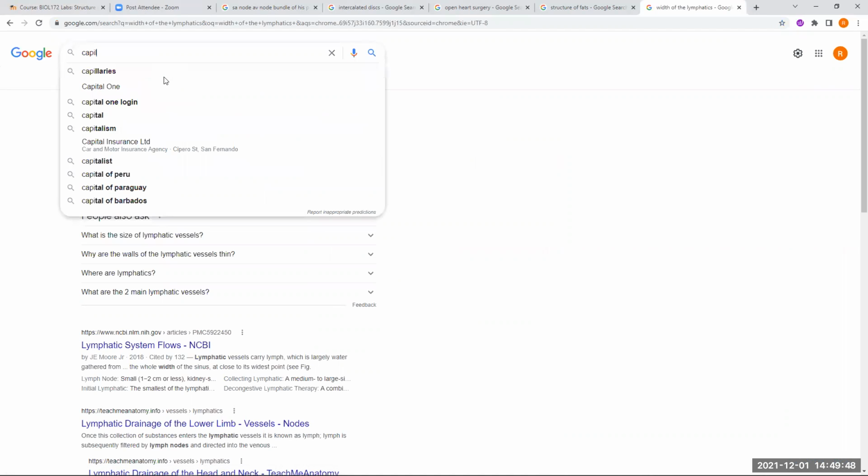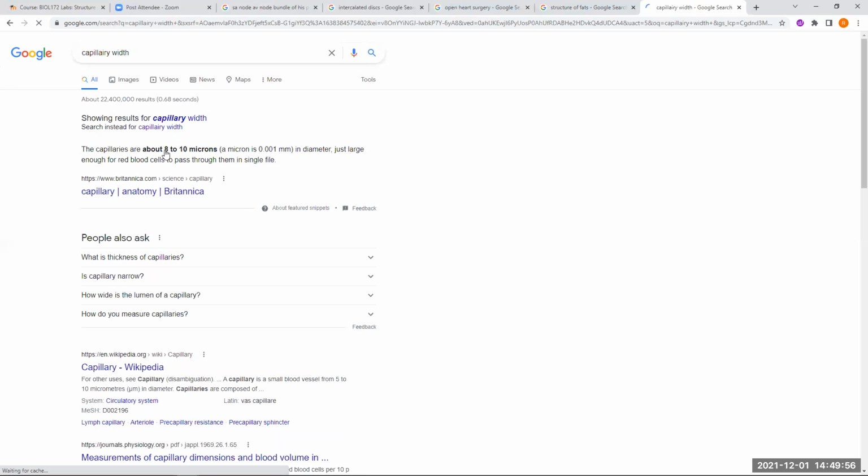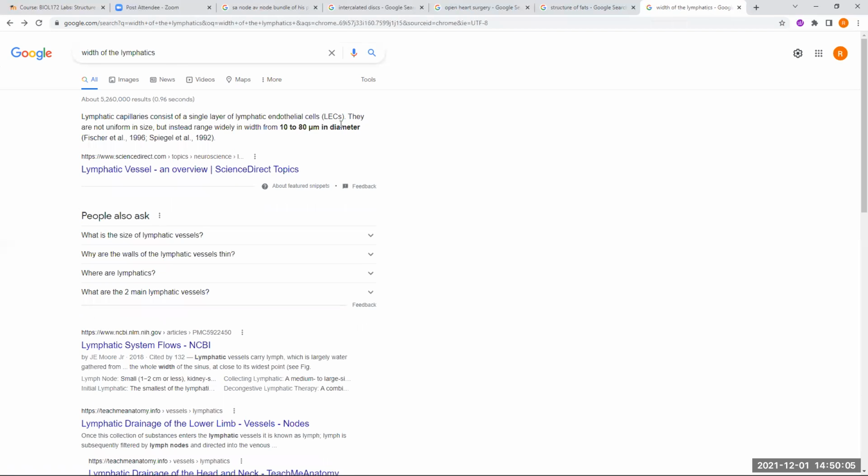Now capillaries are more fixed in size, about 8 to 10 micrometers, right? So whereas the capillary is about 10, the lacteals could go up to 80, almost 8 times their size. So they're bigger. We can appreciate that fact first, yeah? The lacteals are 8 times the size of the capillary.